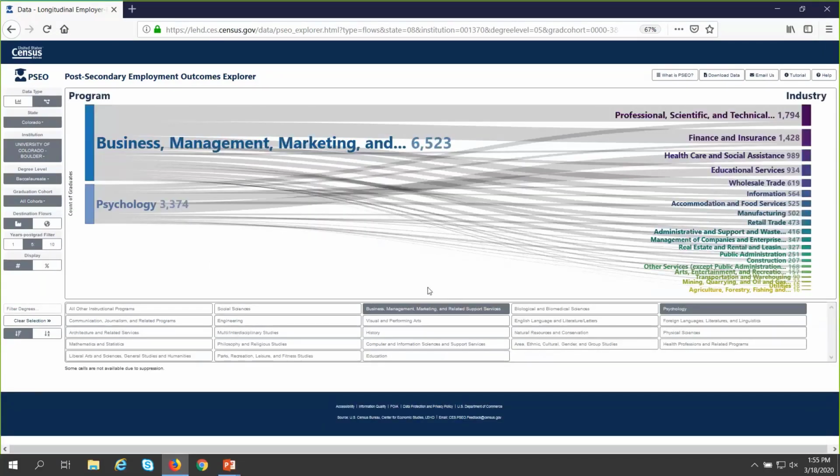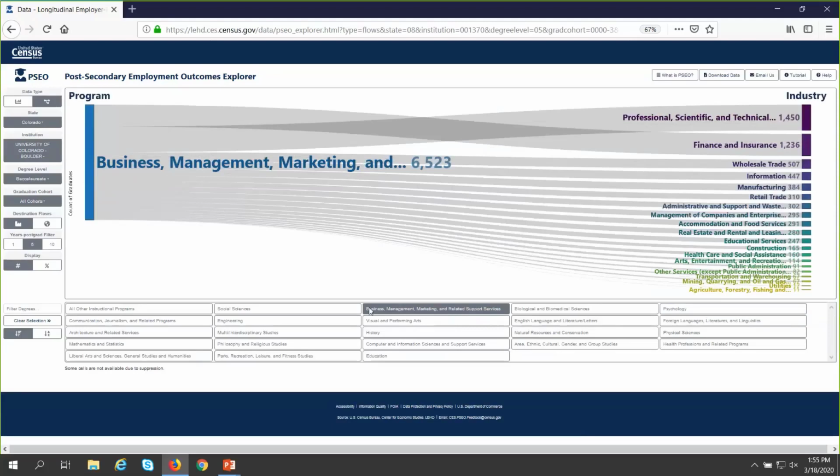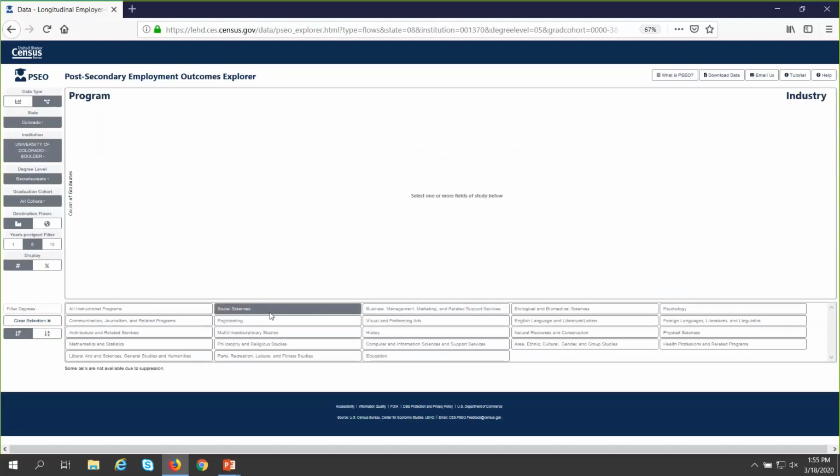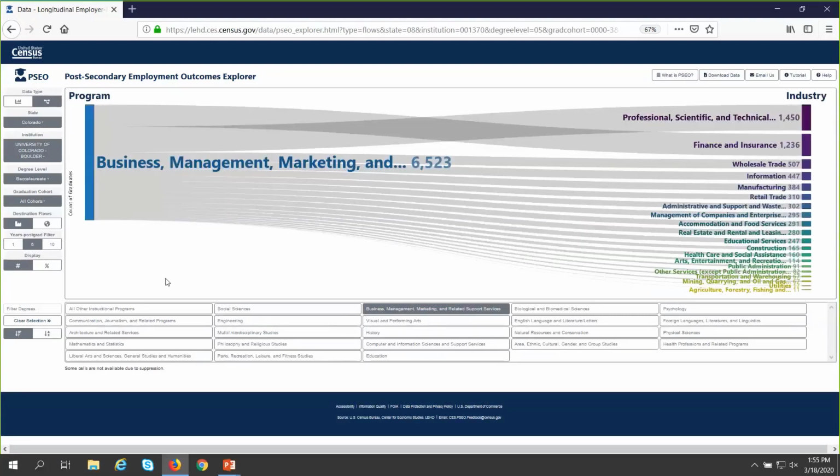And you can see it defaults to a few flows, but you can actually take these away, and we'll choose engineering right now. Let's choose business because CU Boulder has a pretty big business school.